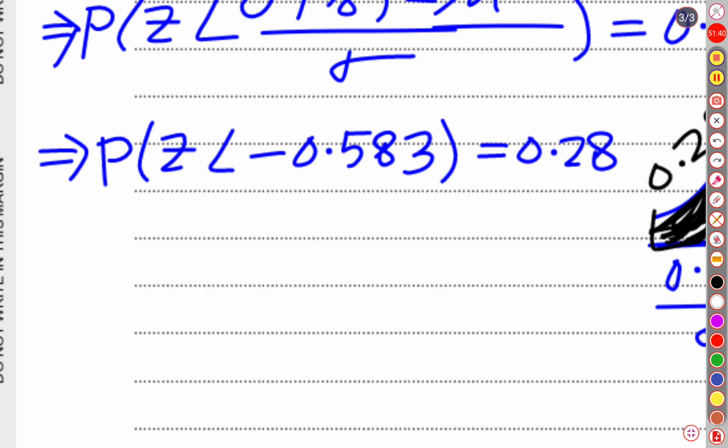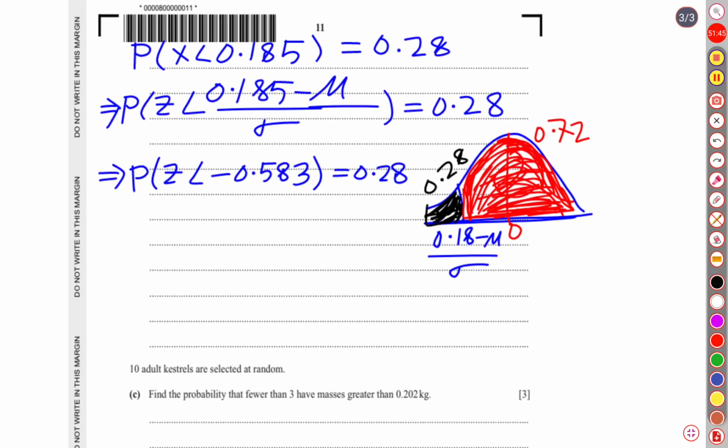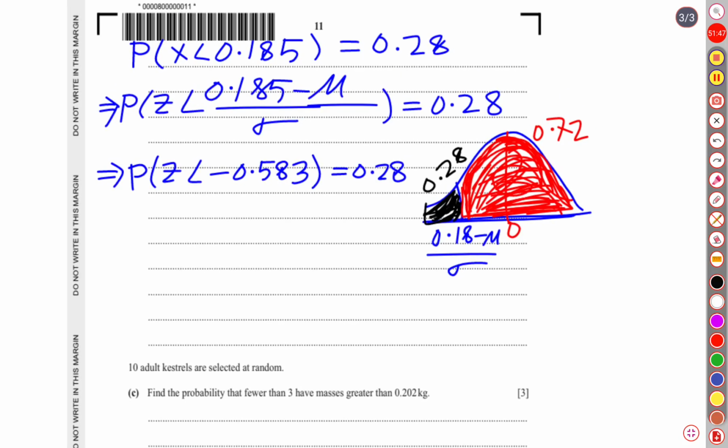Don't make any change to the probability 0.28, because we have already seen that it is lying on the left side and we didn't change the direction. It is lying on the left side of the z score, so it will be the same as this.